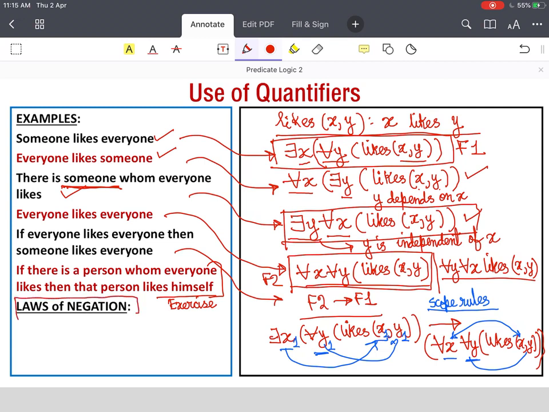Now, let us come to this very interesting point, which I call the laws of negation. The law of negation, which we had seen as an example earlier in the previous day, was: not for all x, p(x) is identical to there exists x not of p(x).